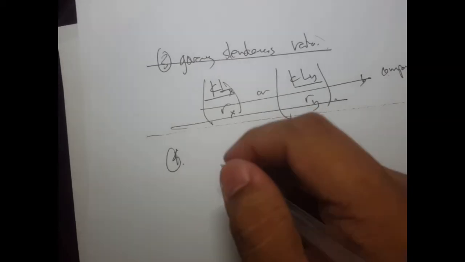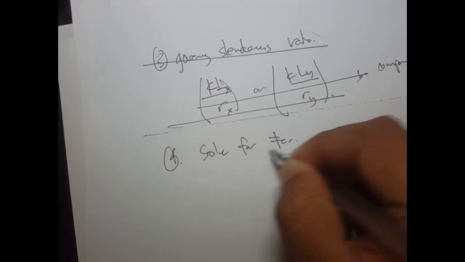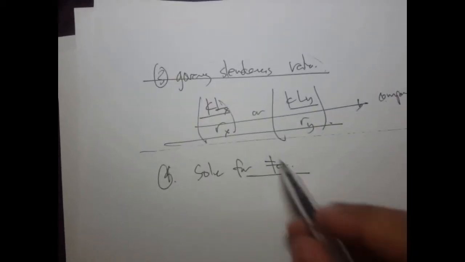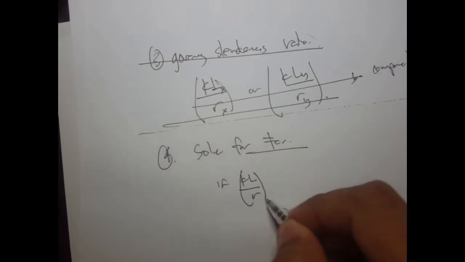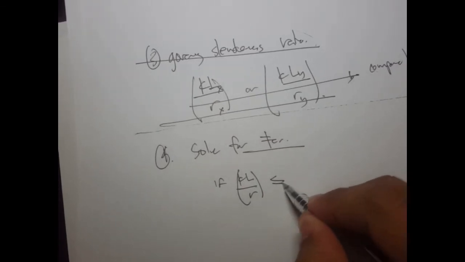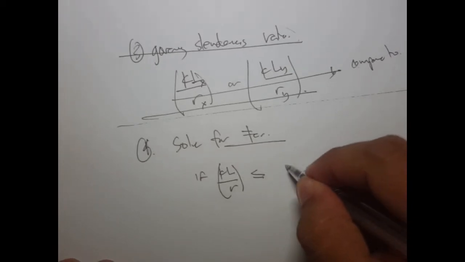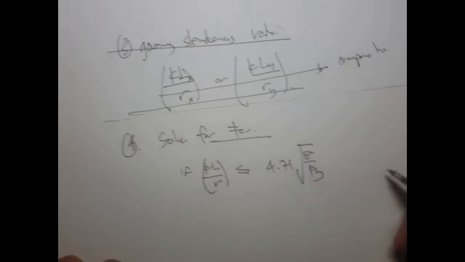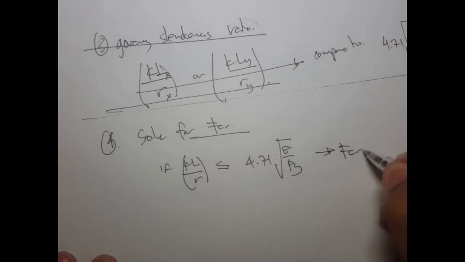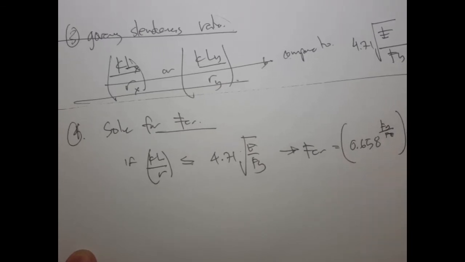After that, we have to solve for Fcr, the critical stress. This one will dictate: if the governing slenderness ratio KL over r is less than or equal to 4.71 square root of E over Fy, then our critical stress equation is Fcr = 0.658 raised to Fy over Fe, times Fy.